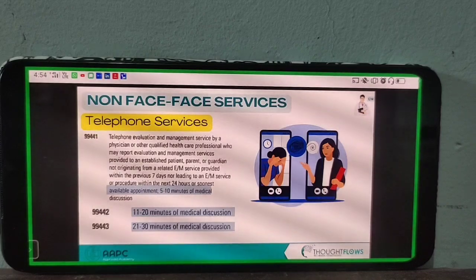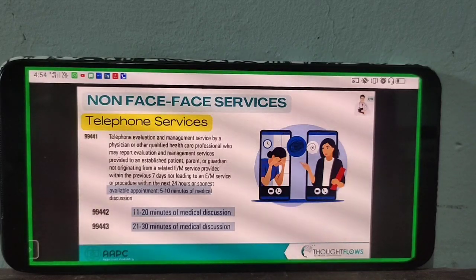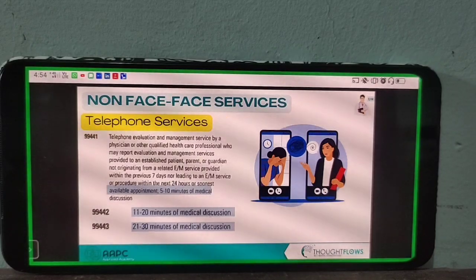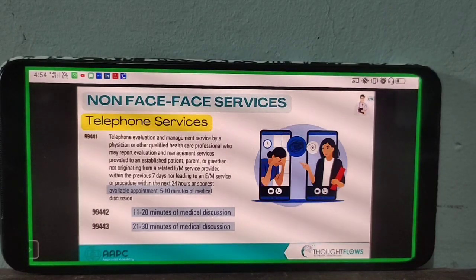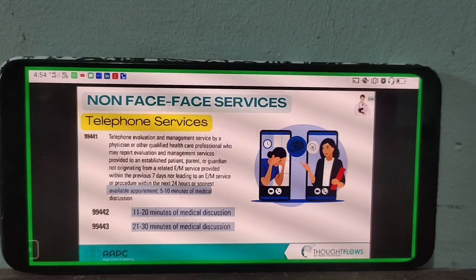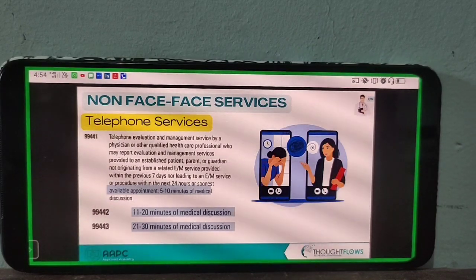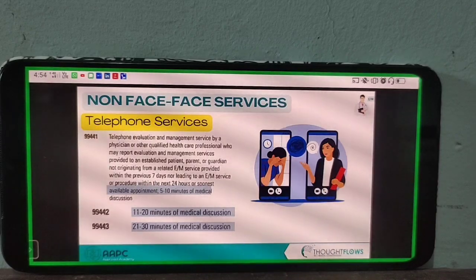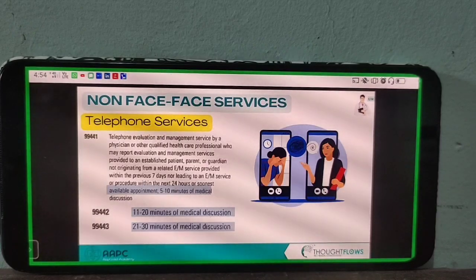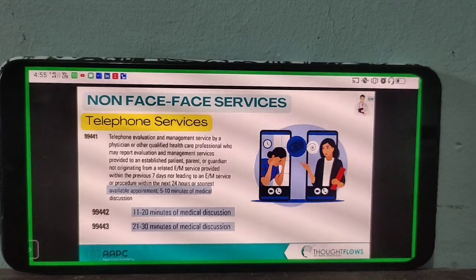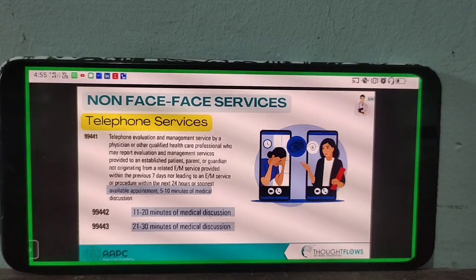That means this is audio communication only, not video, between the doctor and the patient. Here, 5 to 10 minutes 99441, 11 to 20 minutes 99442, 21 to 30 minutes of service 99443. So 99441 to 99443 are for communication between the doctor and the patient through phone call, just audio only.